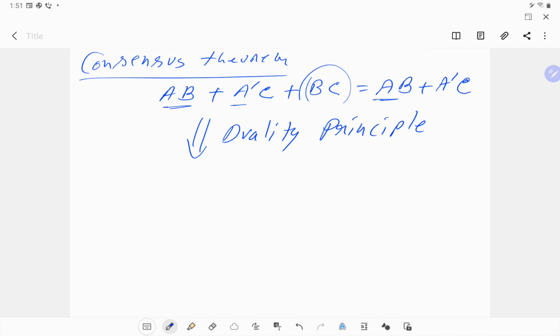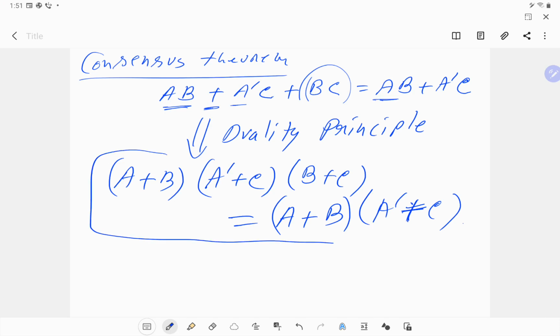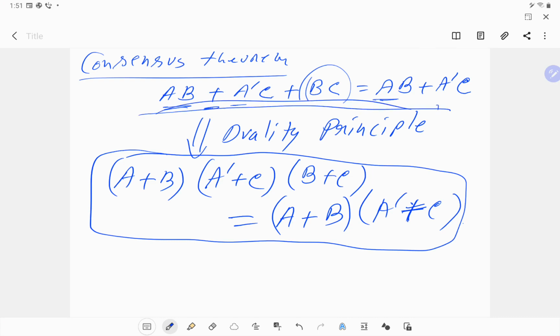We get a plus b, then this plus becomes times, a prime plus c, times b plus c equals a plus b times a prime plus c. So in the exam, I may ask you to prove this, the dual version of the consensus theorem. Anyway, I can ask the first version or the second version of the consensus theorem. Thank you.